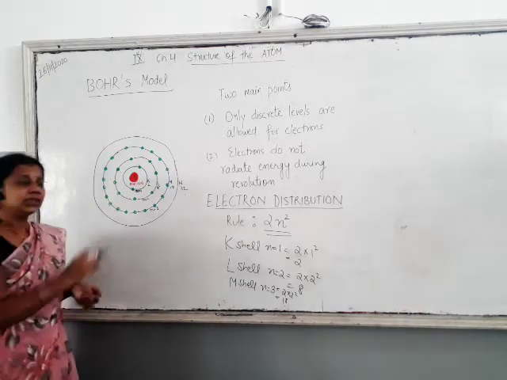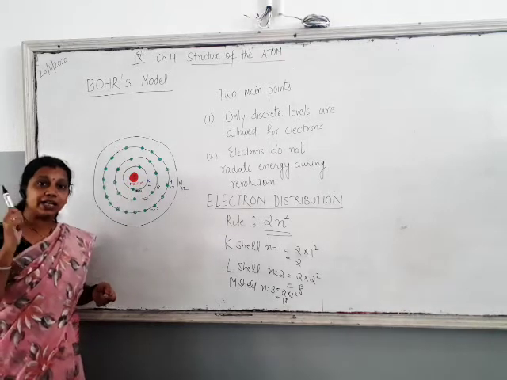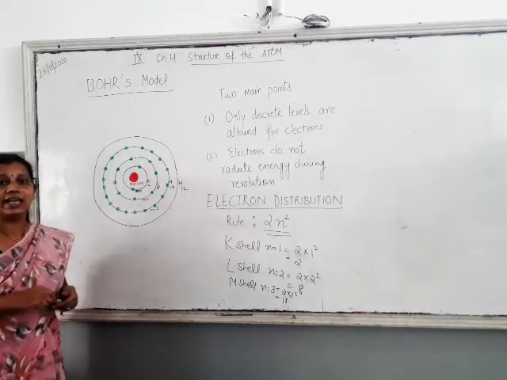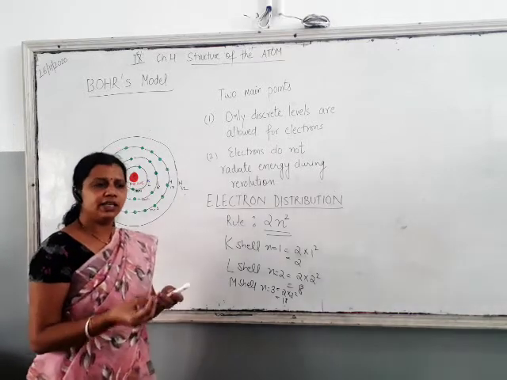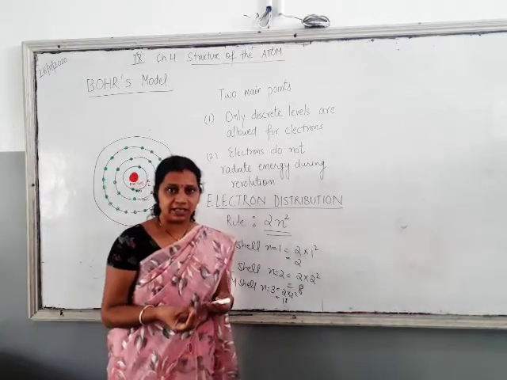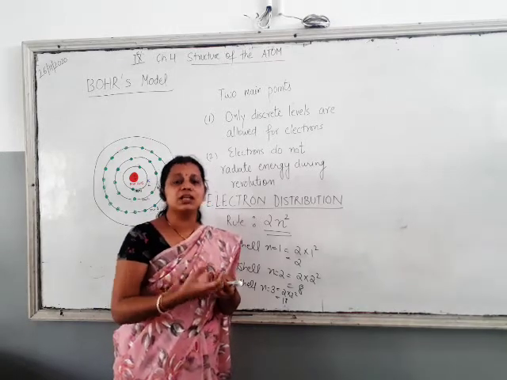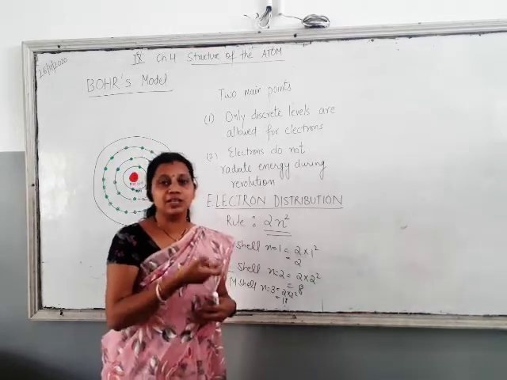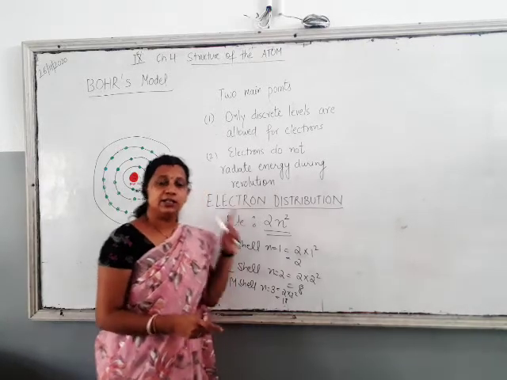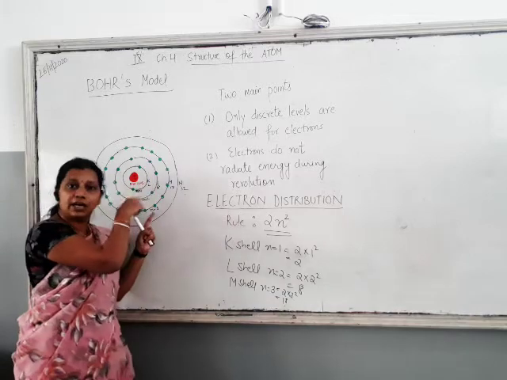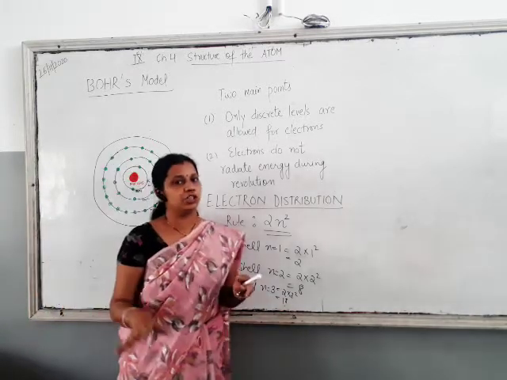And these electrons are revolving around, but they are not radiating energy. Radiating energy means giving out energy. When any charged particle moves with very fast speed, it emits some type of wave. That is known as radiating. Electrons are charged particles, and this rule is only for charged particles.